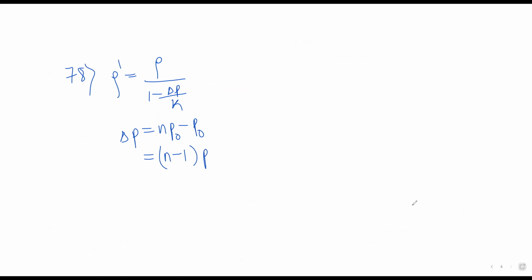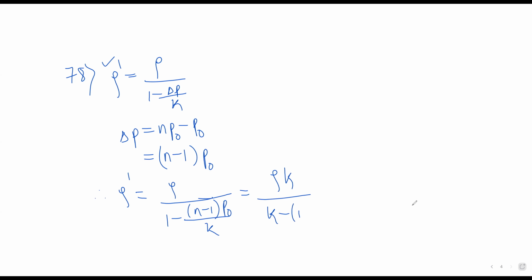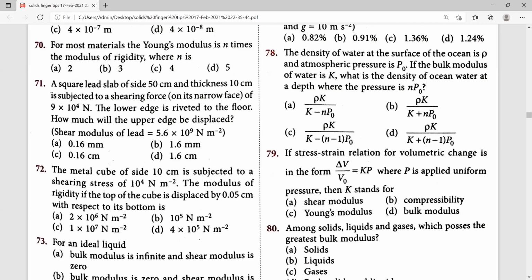Therefore the equation becomes rho dash is equal to rho divided by 1 minus (N minus 1) P naught divided by K. After simplification, rho into K, divided by K minus (N minus 1) into P naught. So according to this, for 78th one, the right answer is C1.